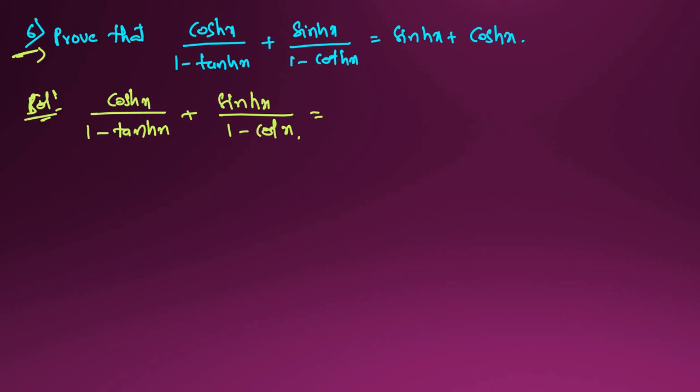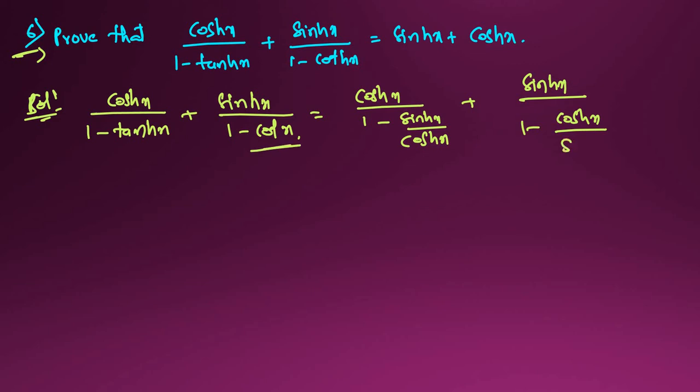Okay, cosh x divided by 1 minus sinh x divided by cosh x we will write here, plus sinh x divided by 1 minus cosh x, because coth is there, so in this place coth, so sinh x will come here.